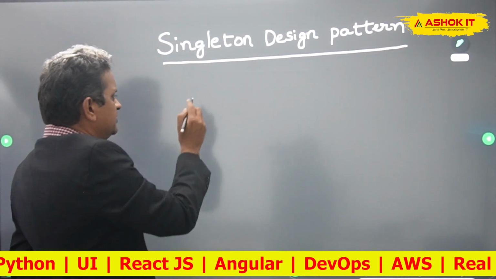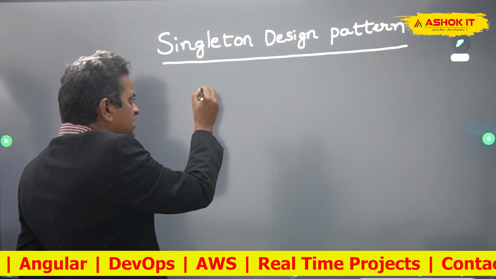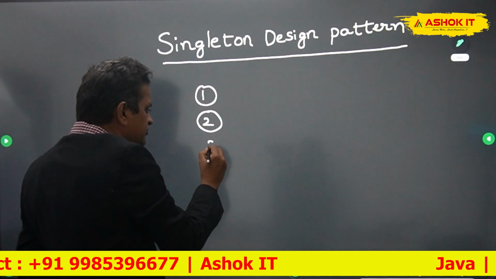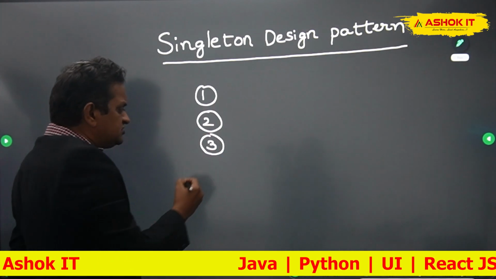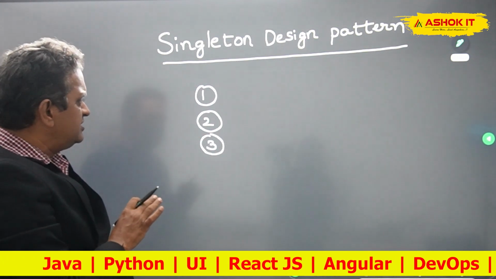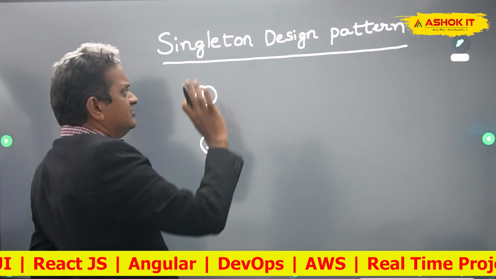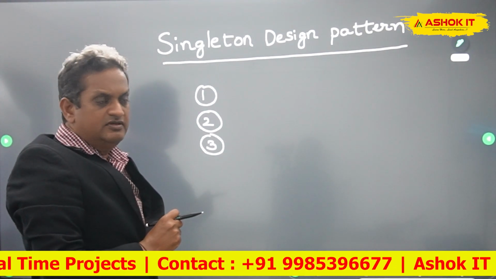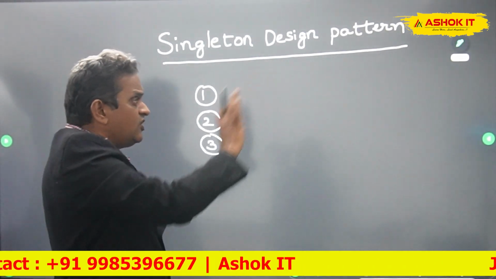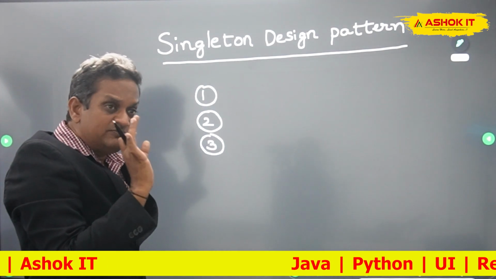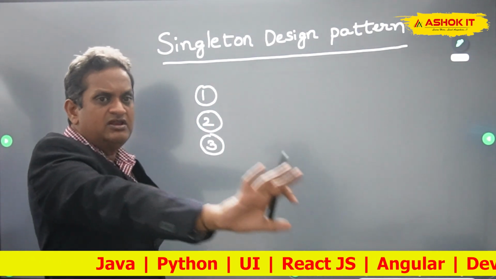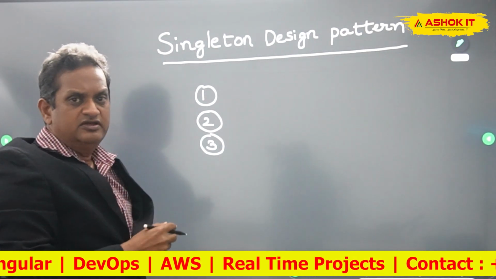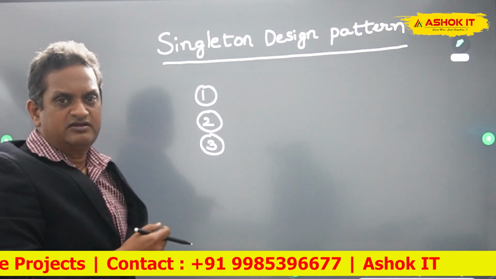How to do it? In a class, if we commonly implement three things, we can achieve the solution and implement the Singleton design pattern. A design pattern speaks about a solution in normal language statements, not in coding. We have to convert that solution into coding. That is the implementation of the design pattern.